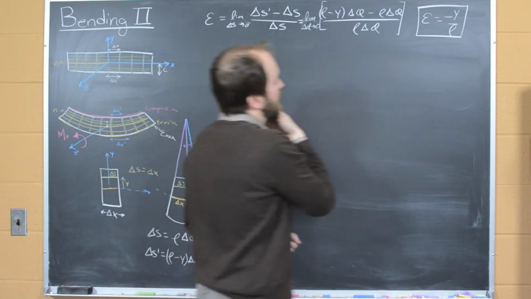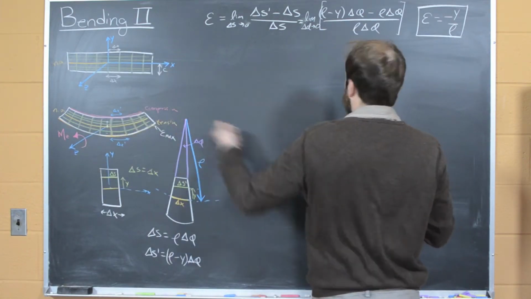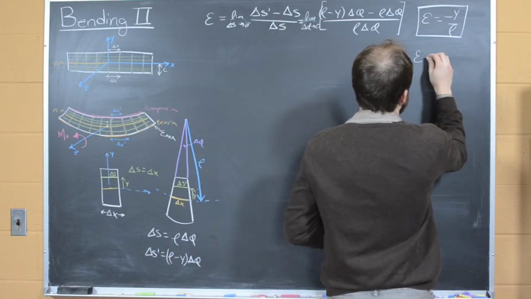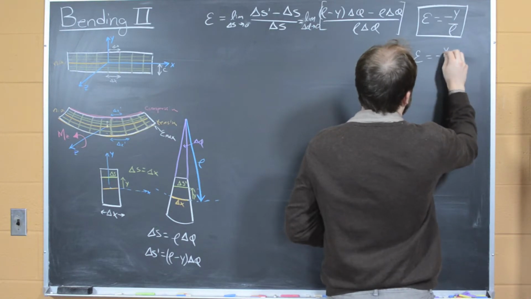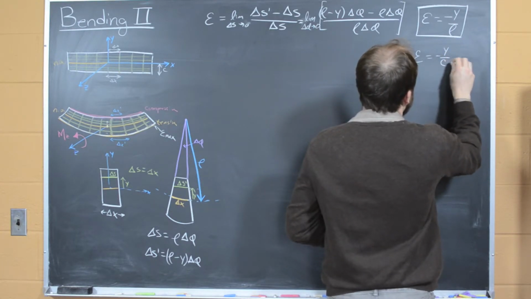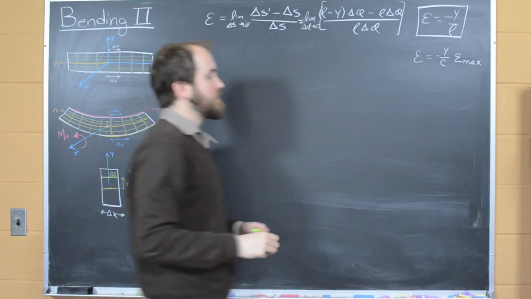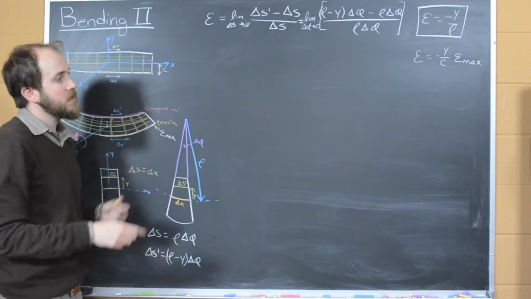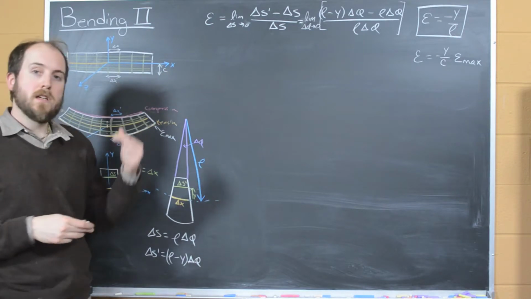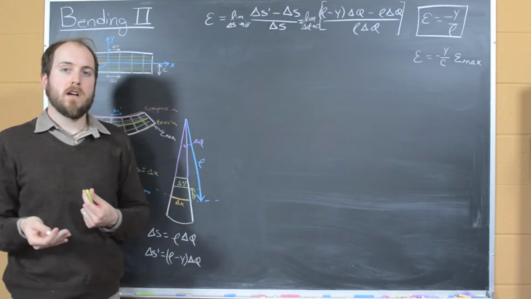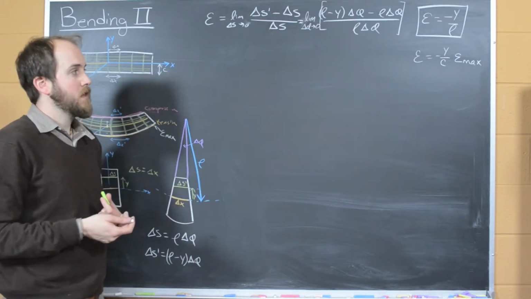And so we can redefine this relative to the edge of the beam and say that strain will equal negative y over c times our maximum strain. So this gives us a relationship between strain and where we are along the cross section of our member.